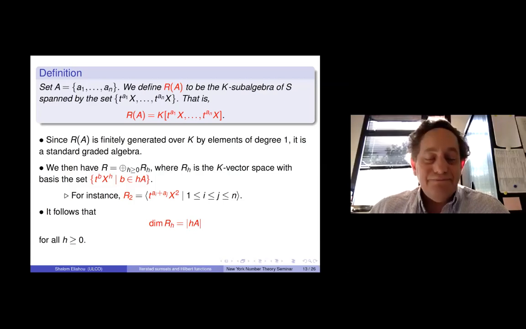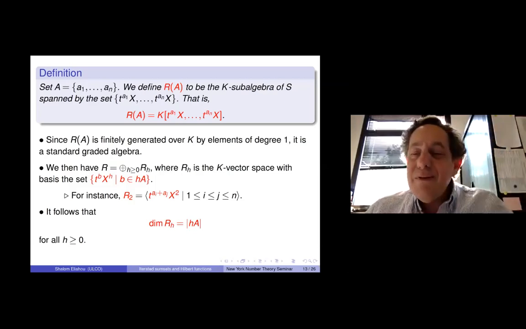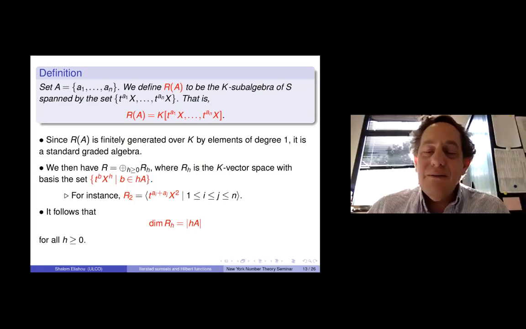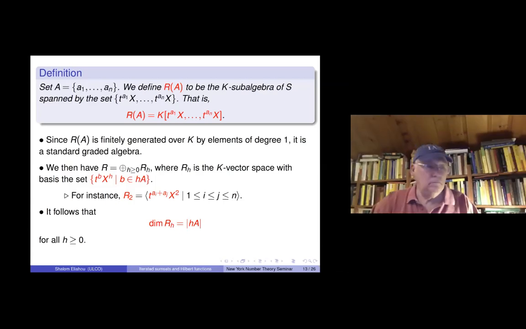And now the miracle is that we have an old theorem, a 93-year-old theorem, which gives a necessary and sufficient condition for a numerical function to be a Hilbert function. So we shall just apply it to that. Let's go to the next slide.